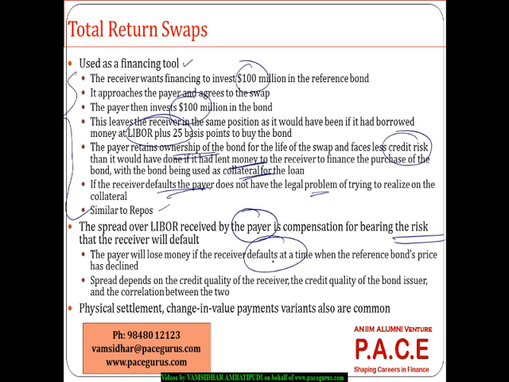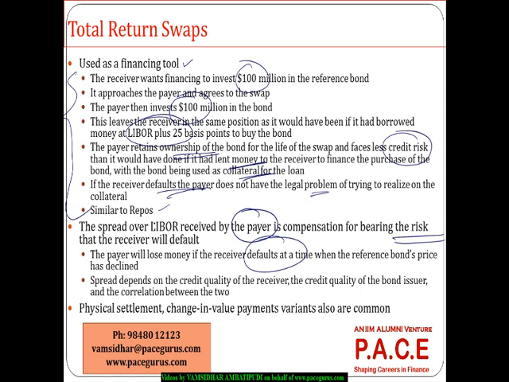If the receiver is defaulting and at the same time the value of that bond is also going down drastically, then where can I get the payment from the receiver? Even I can't use the collateral, even I can't use the bond to sell it off to get the money, because both of them have declined.